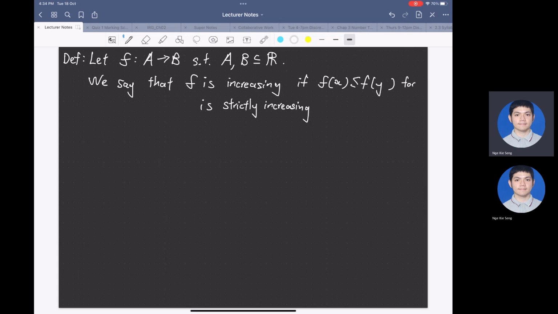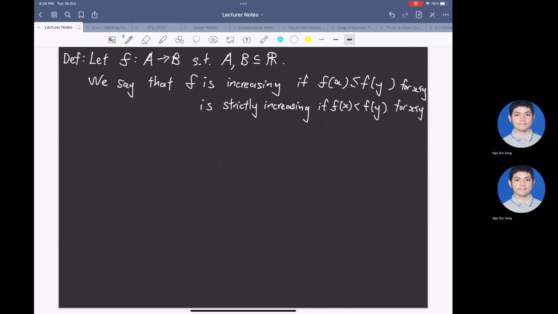For... this doesn't make sense. Okay, when you see this kind of sentence, right? This doesn't make sense because I didn't tell you what is x and y. So I should say for x less than y. Okay, and then strictly increasing if f(x) is strictly less than f(y), also for x less than y.